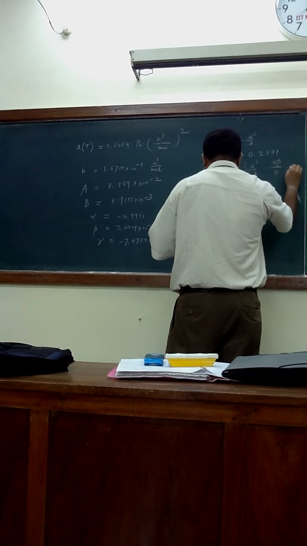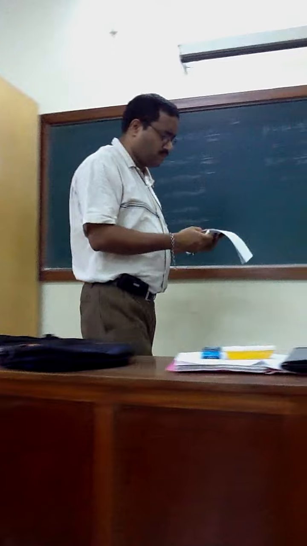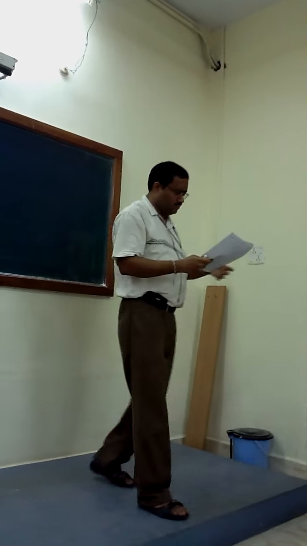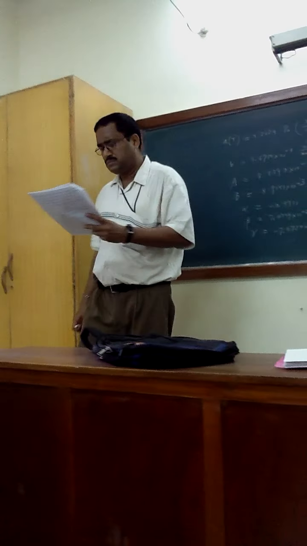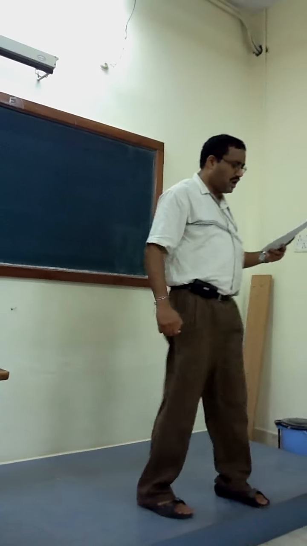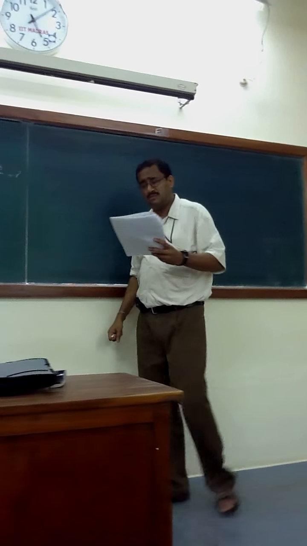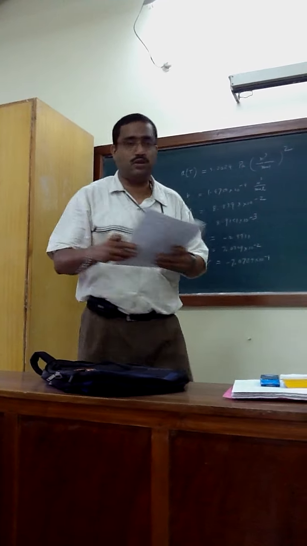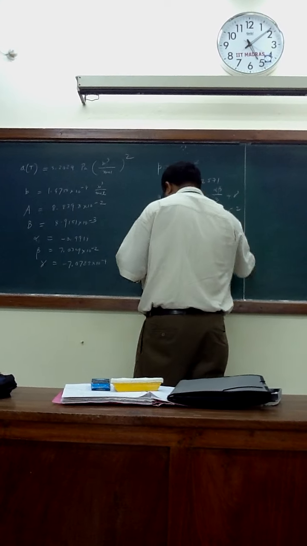So it is coming as minus, should be taking the minus 2 order. What is that? 4.9. Is it plus or minus? Minus 4.9584 to the power minus 2.